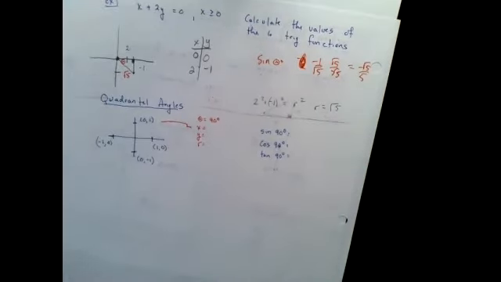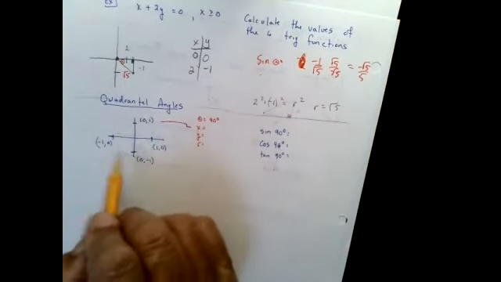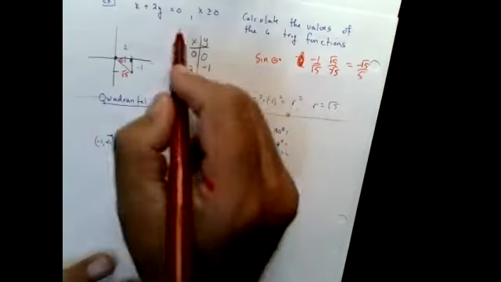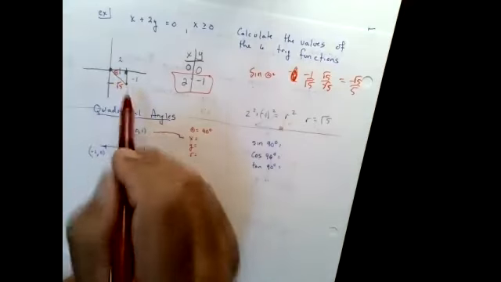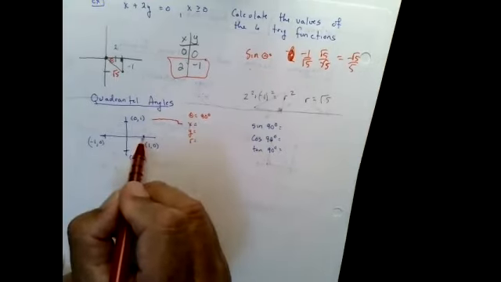All right, so the last one I want to talk about in this section is these quadrantal angles. What if I don't end up in a quadrant, but end up right on an axis? So instead of giving the point 2, -1 to draw it out, what if I'm given the point 1, 0?